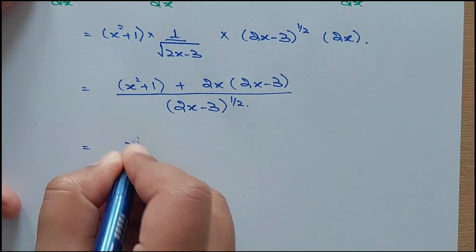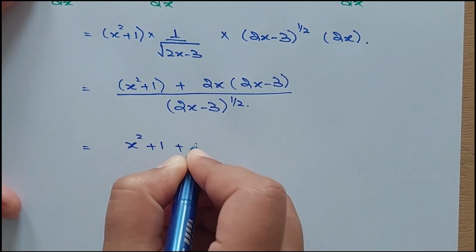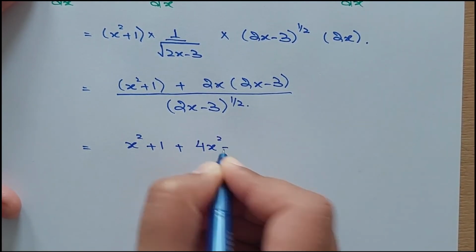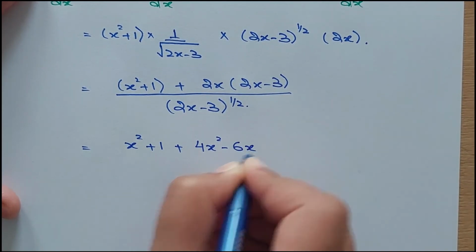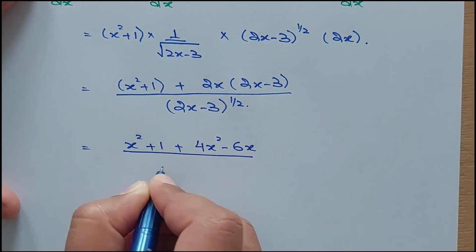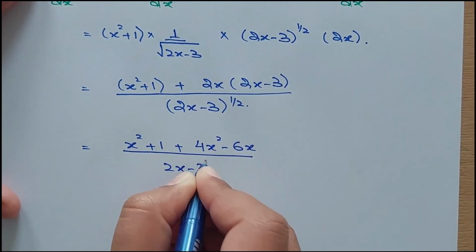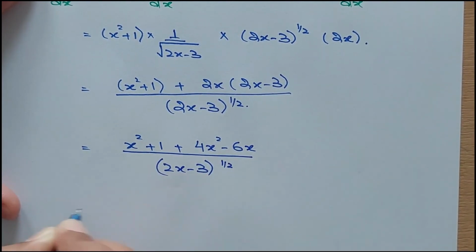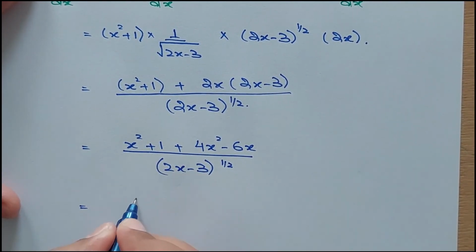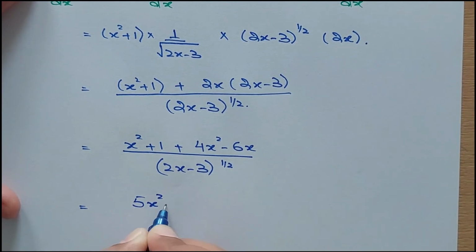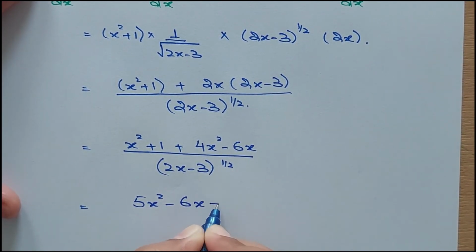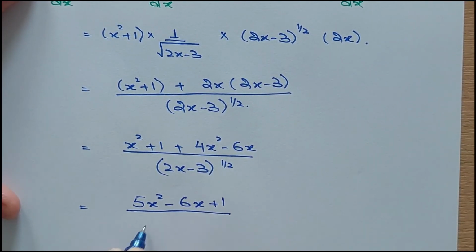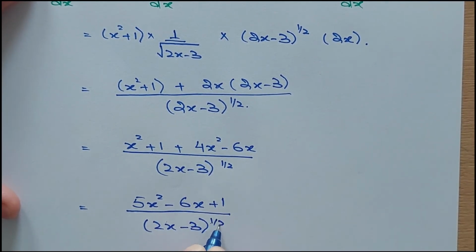So we have x square plus 1 plus 4x square minus 2 times 3 is 6x, divided by (2x minus 3) power 1 by 2. 4 plus 1 is 5x square minus 6x plus 1, divided by (2x minus 3) power 1 by 2.